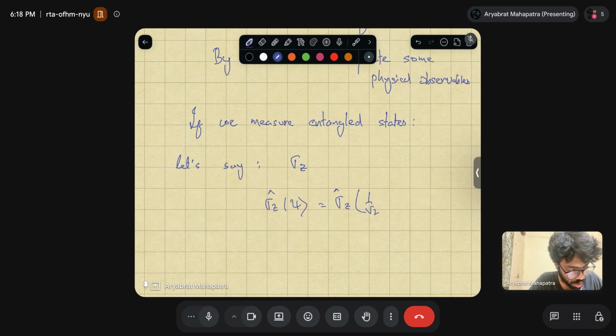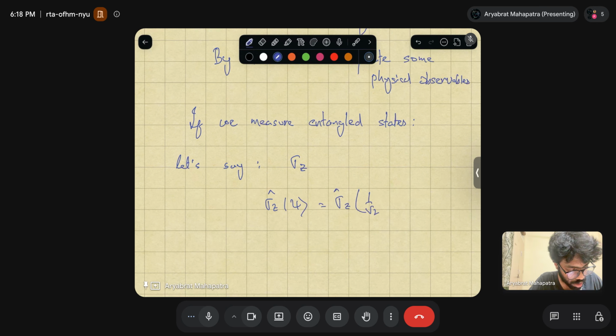So upon measuring sigma z, there is half the chance that I will get this or this.